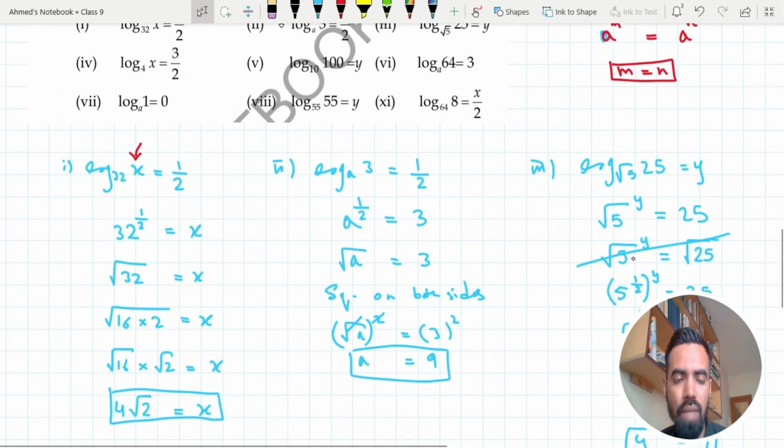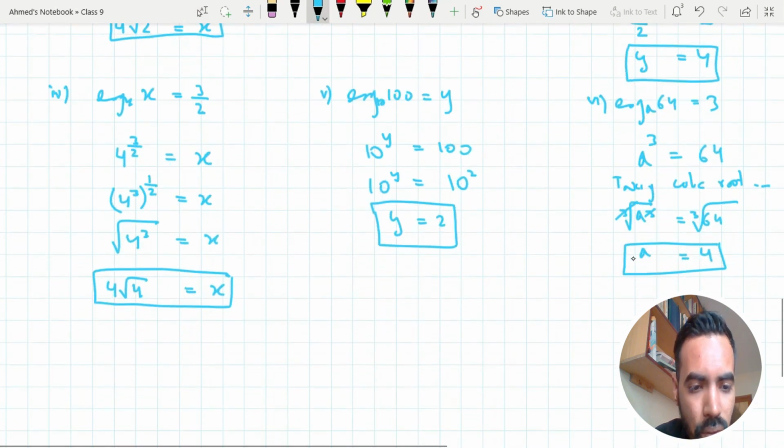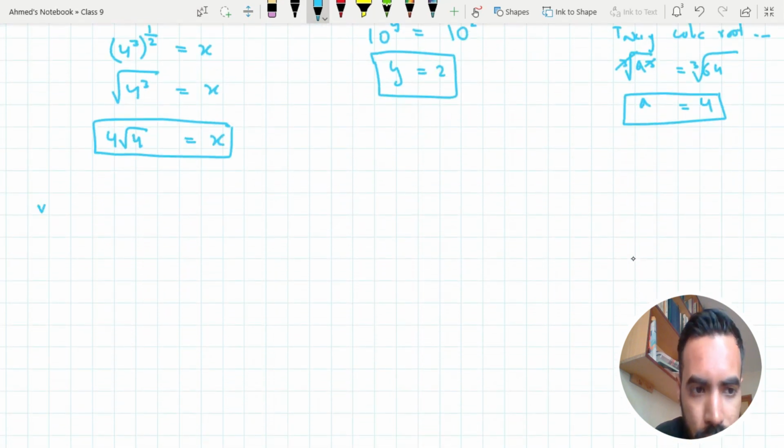Part 5, 6, have a look on part 7. Log 1 with base a equals 0. Base a to the power 0 equals 1.